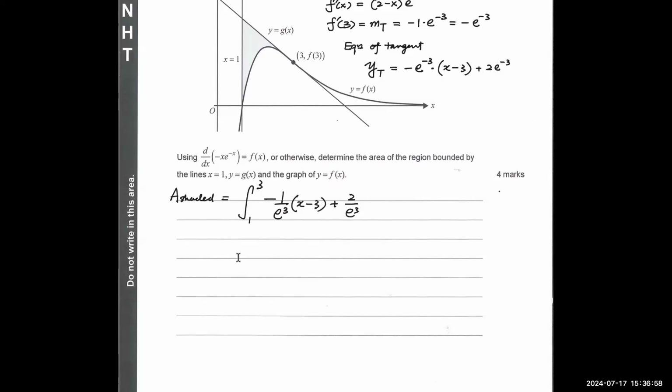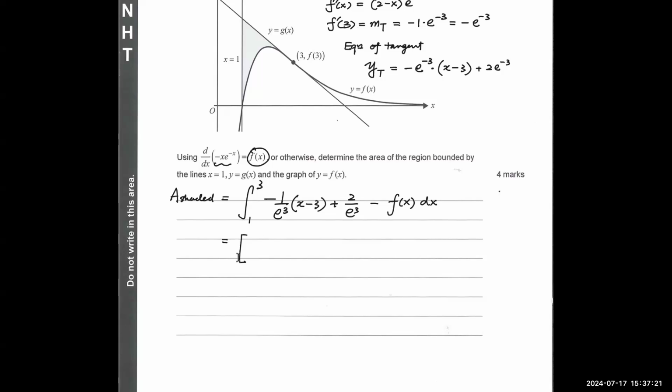That's the tangent line, subtracting f(x) dx. I'm not going to write out the full expression for f(x) because I know if I anti-derive f(x), I'll just get a minus x e minus x. So I only need to deal with the linear function with a few exponential term.